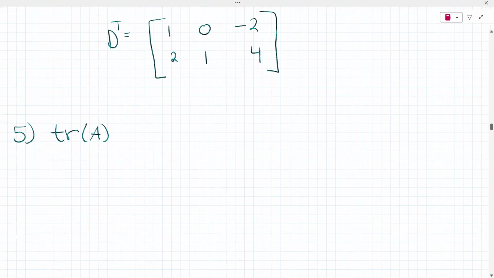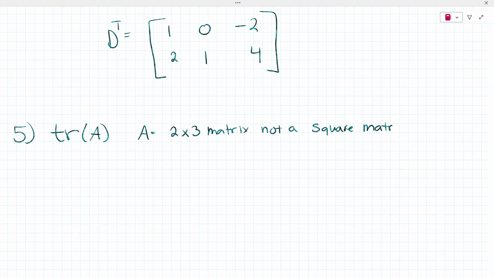What about 5? Can we take the trace of matrix A? I don't think so because A is a 2 by 3 matrix, so it's not a square matrix. So there would be no solution.